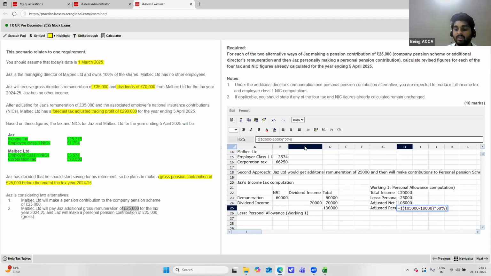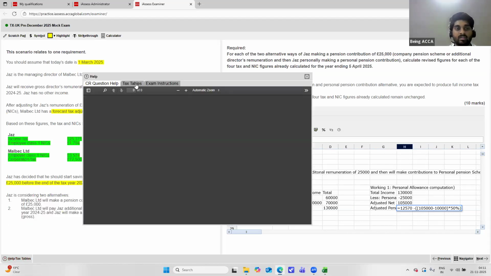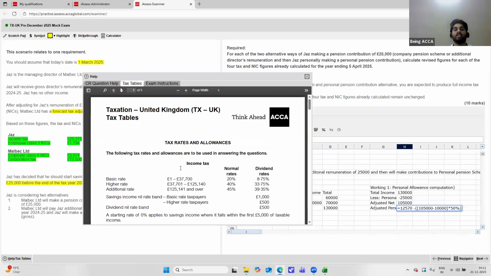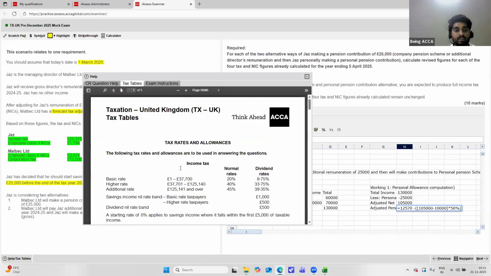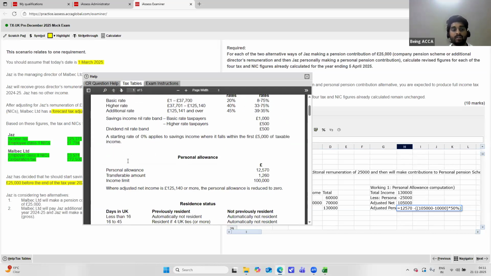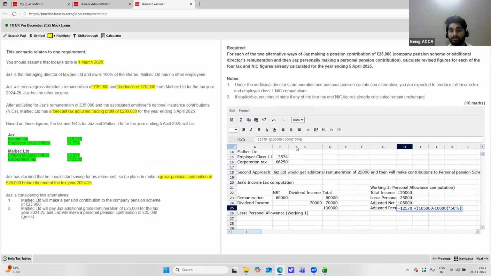It should be deducted from 12,570. This is how you should calculate it. All right. If you have a doubt about how much the personal allowance is, you can always take a look at the tax table. These are not something you have to remember for a longer period. These values will be provided to you. Like you can see over here, the personal allowance is 12,570.